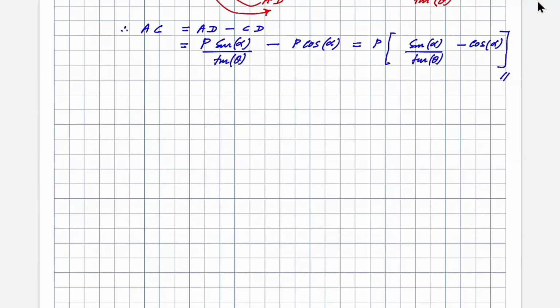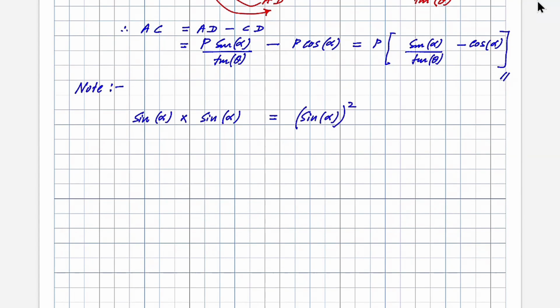I have to give a small note here. Some people are confused with this. Sine alpha times sine alpha is sine alpha, the whole thing squared.